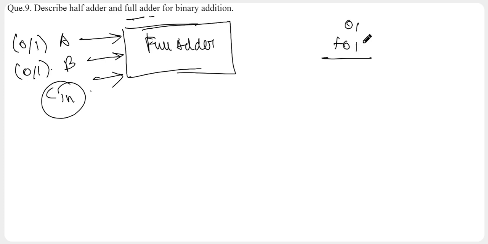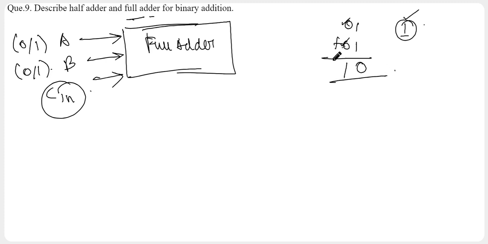Okay. Now as we know, 1 plus 1 will give us a sum of 0 but a carry of 1. And in the addition of the next two bits, which is 0 plus 0, this carry will be added. So in this scenario, this carry, this 0 and this 0, these three bits are added, and if these three bits are added, we will get 10.